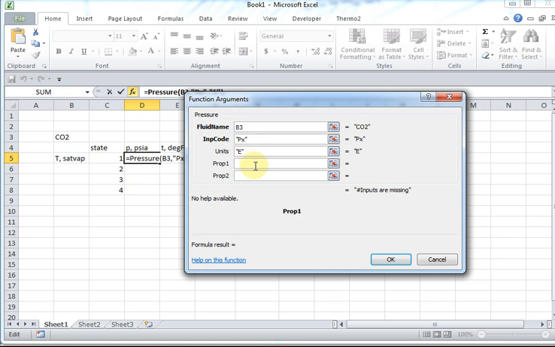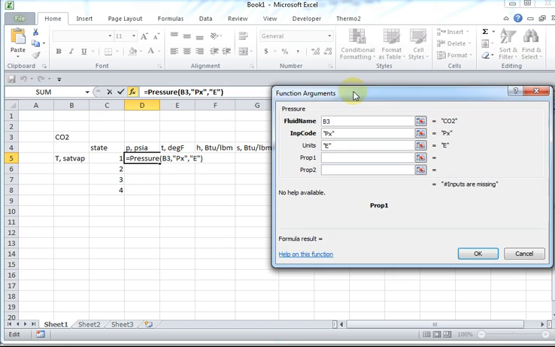And our first property is our pressure. And so where is our pressure found? Temperature. Temperature in degrees F. So where is our temperature found? It's found in cell, that didn't work so hot, E5. Isn't it in E5? Yes.